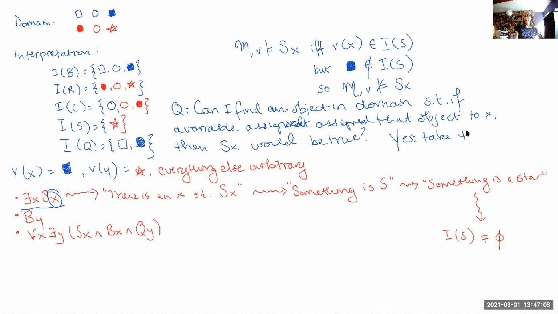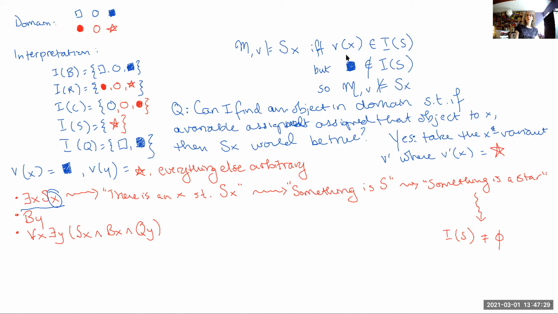So take the x variant v prime, where v prime of x is the red star. Then we have something that is in the interpretation of s.